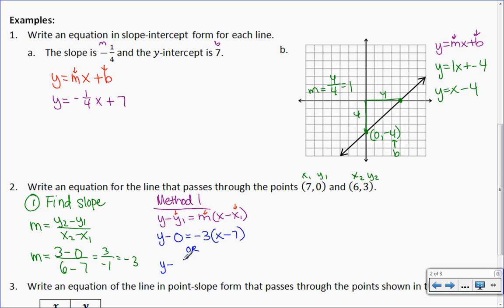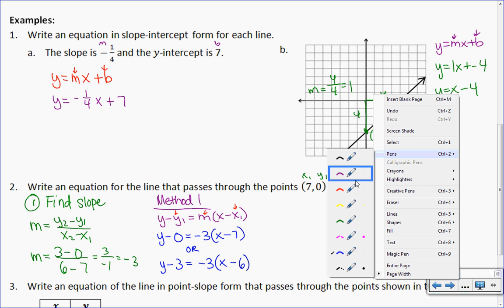And this would be y minus the y coordinate, which is 3. And then m is still negative 3. And then x minus the x coordinate, which is 6. And these are both equivalent equations of the line. So these are both perfectly acceptable equations. Let's look at the second method.